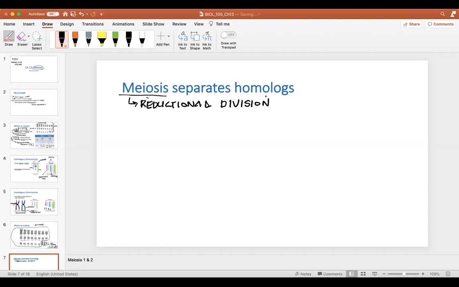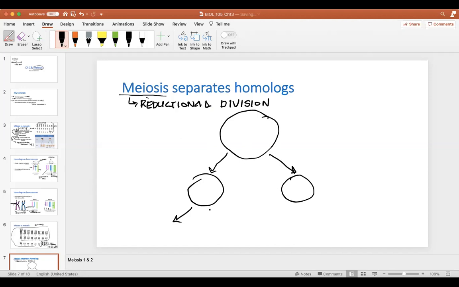I'm going to draw for you. We're going to start out with a parent cell here. I'll make that kind of big. And what we're going to do during meiosis is go through 2 rounds of cell division. This parent cell is going to divide into 2 cells. And then those cells are going to divide into 2 cells.